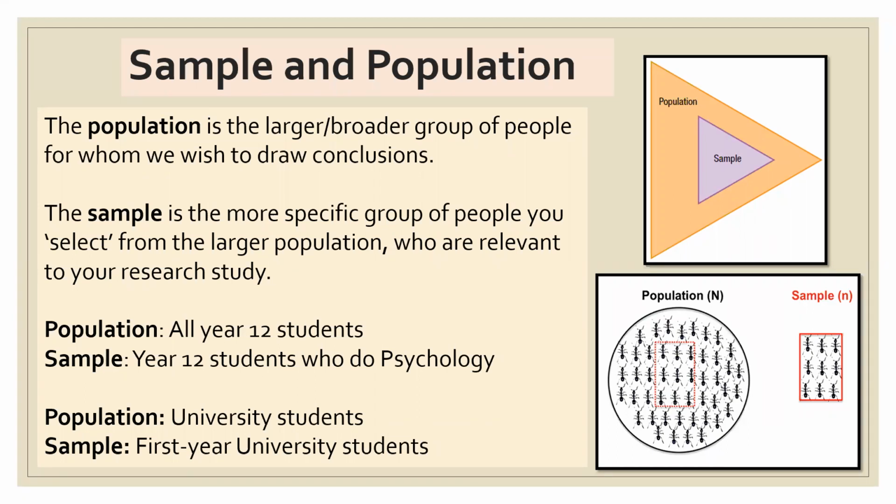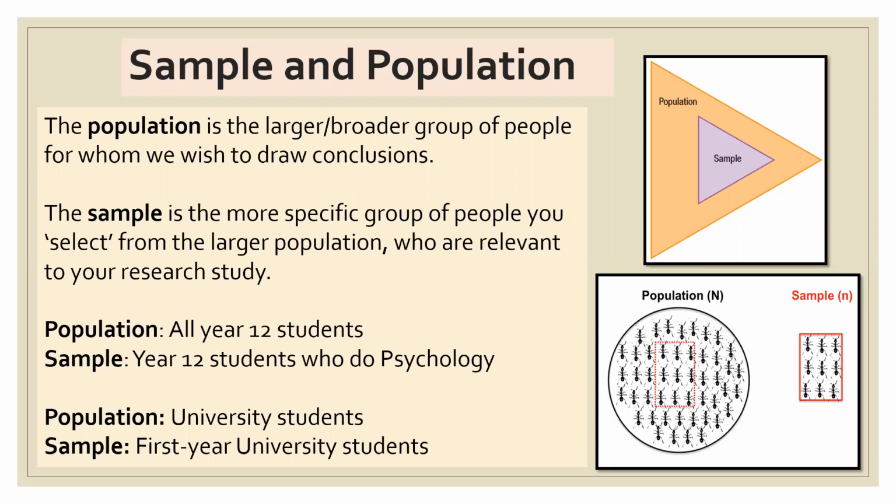Whatever findings I get from that exam, whether the memory tips were effective or not, I can then make a broader generalization to that population. Because the kids in my class and Miss B's class did better on the exam when they were taught memory tips in advance, I can then say that the rest of the entire psychology cohort at Altaqua College will also do well in the exam if they are also taught memory tips in advance.